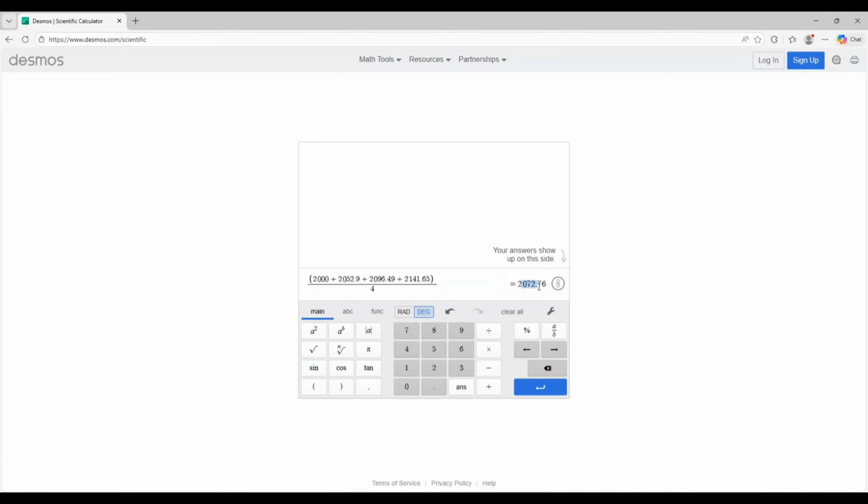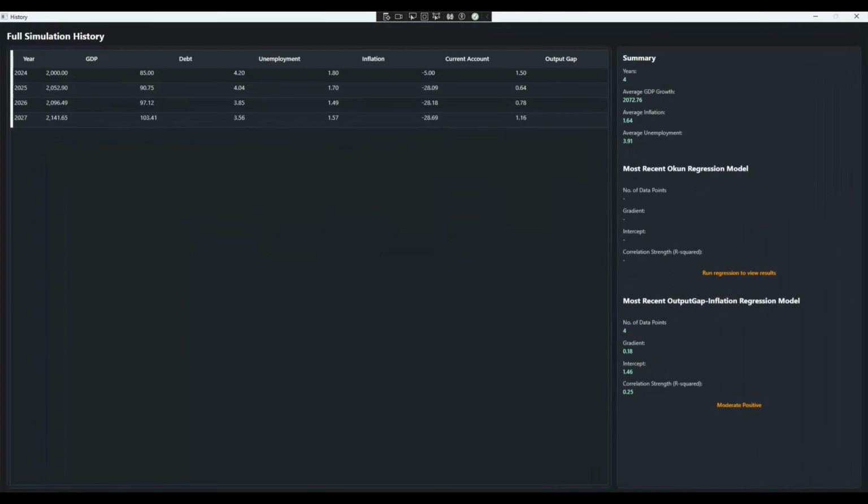And we have an average of 2072.76, confirming that with this 2072.76.